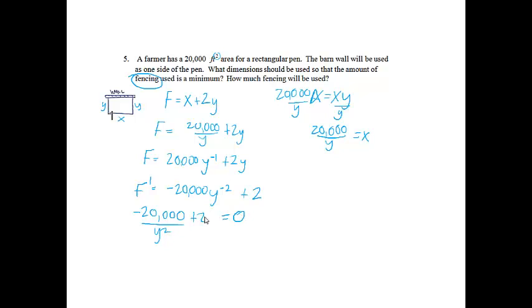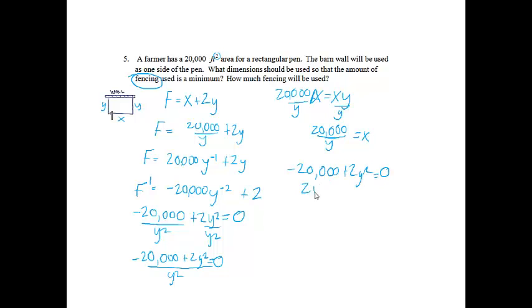And now I'm going to set it equal to 0 because we want to find a critical number. At this step, I am going to get a common denominator, which would be y squared. So I now will have negative 20,000 plus 2y squared over y squared equals 0. I would like to determine where the numerator is going to equal 0. So I'll get negative 20,000 plus 2y squared equals 0.